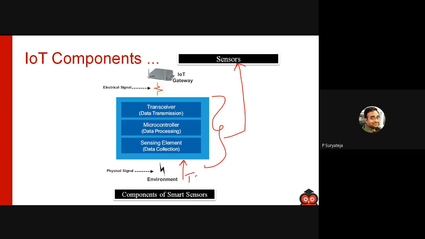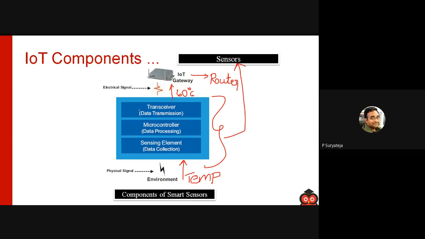For example, temperature. It will read the temperature from the environment and convert that into digital format, let's say 60 degrees centigrade, and send the digital information to the IoT gateway. This gateway can be a router.